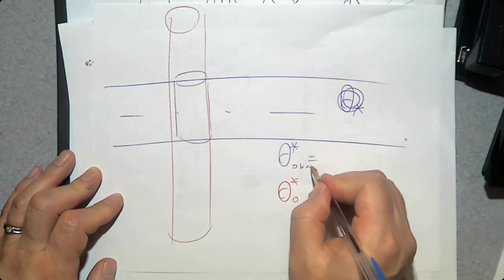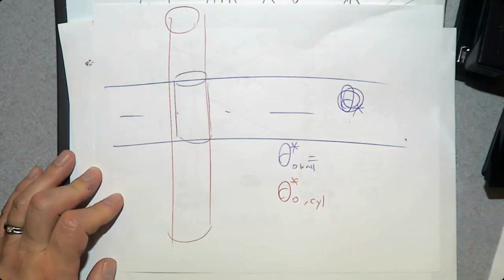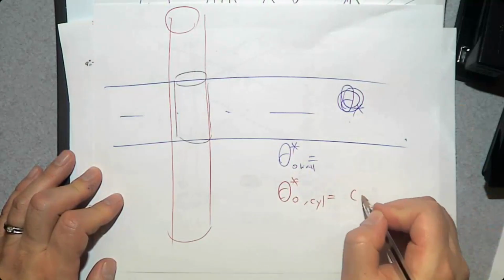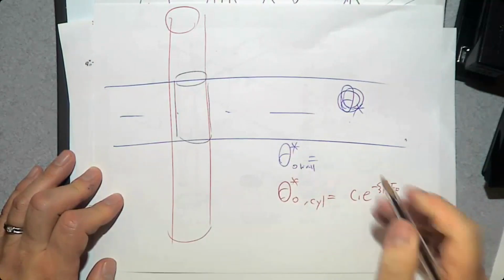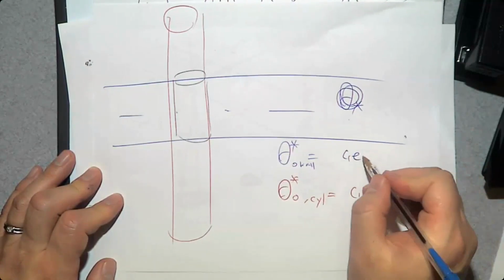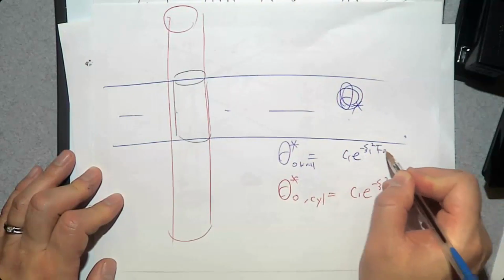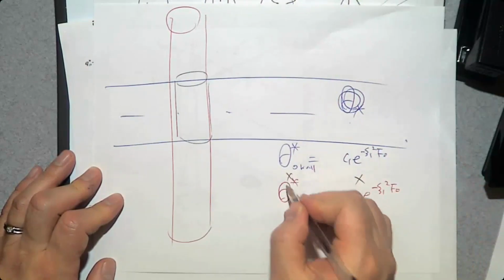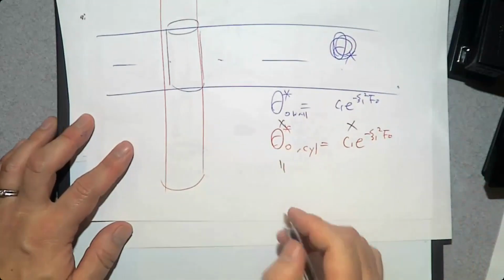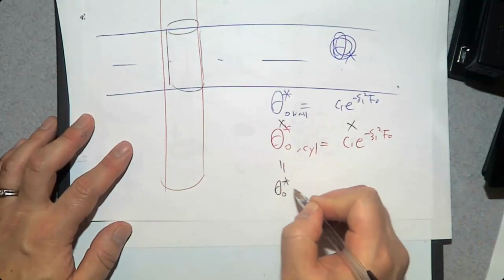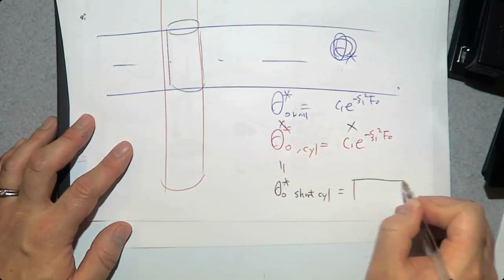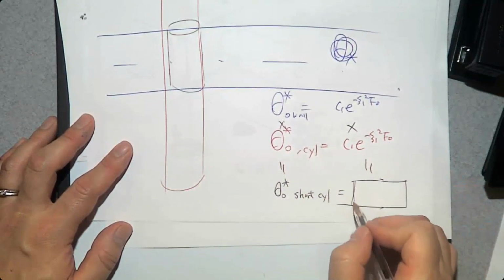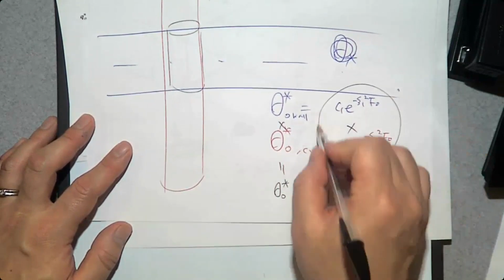So this one is the plane wall. And we can use the same equation, C1 e^(-ζ1² · Fourier number), C1 e^(-ζ1² · Fourier number). If you multiply these two, then you get theta 0 star. This is for a short cylinder, which can be determined by multiplying these two.